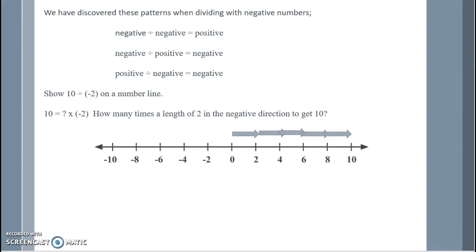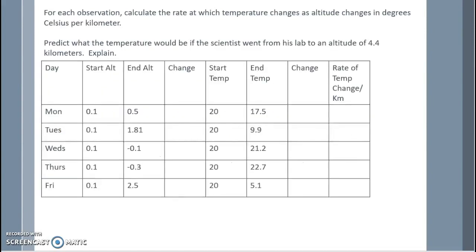However, we need to think of that as the opposite. So going the opposite would bring us to a positive 10, and we would need then 5 groups of 2 to get to a positive 10. So that would be negative 5 helped us do the opposite of what we were thinking.